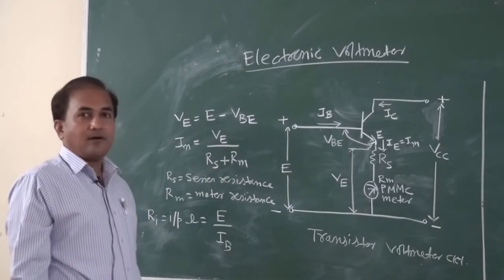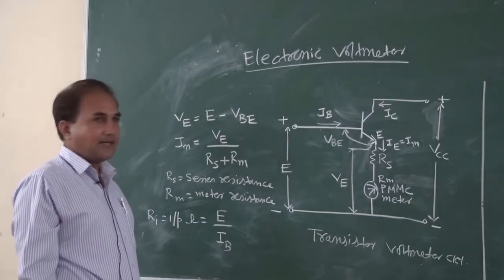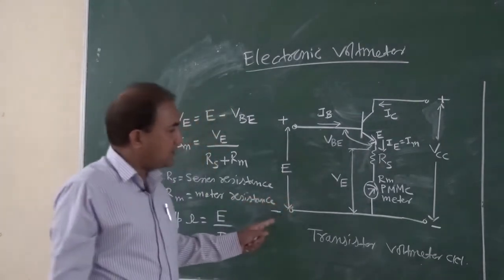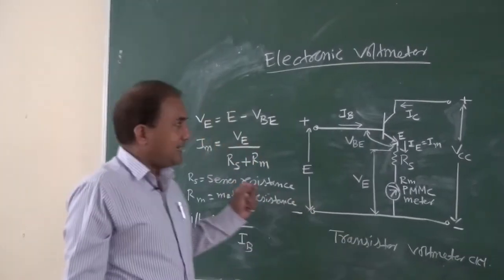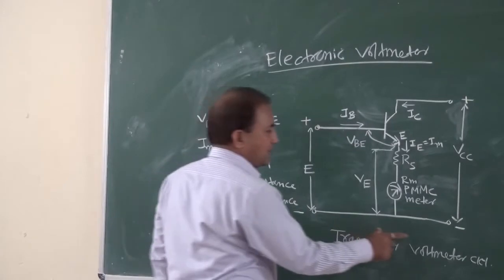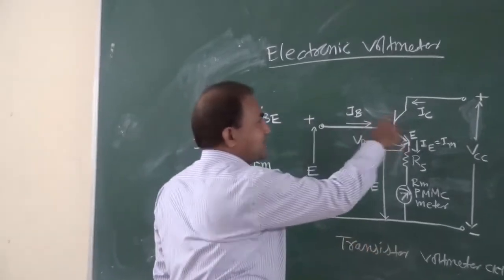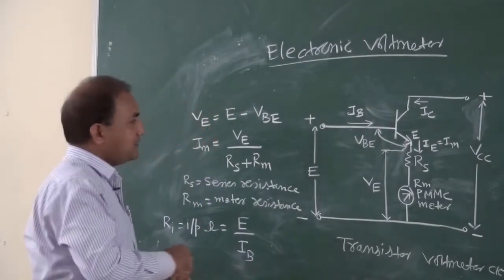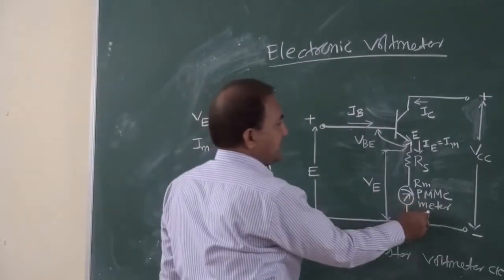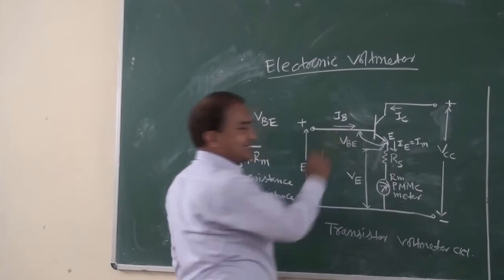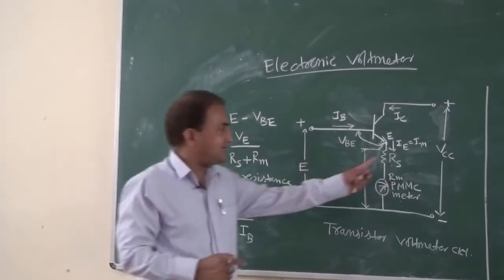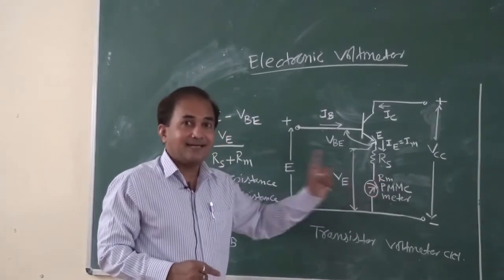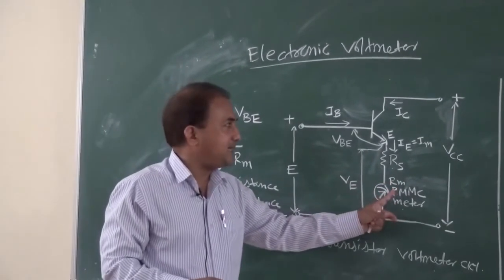Now we will see about the electronic voltmeter. This is the circuit diagram of a transistor voltmeter circuit. In this transistor voltmeter circuit, one BJT transistor is used. This is the PMMC meter, and this is the series resistance. RS is the series resistance. This is the PMMC meter, RM is the resistance of the PMMC meter.